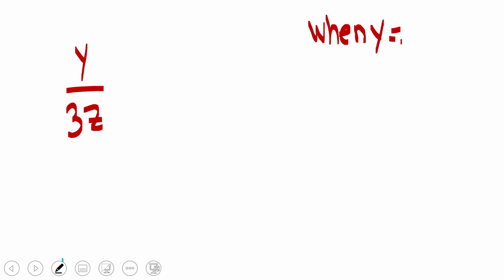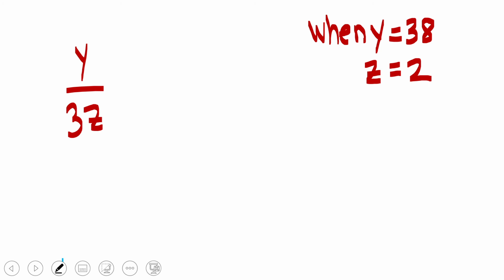All right, when you have a situation where you're given variables such as this expression y divided by 3z, you're asked to evaluate when y equals 38 and when z equals 2.